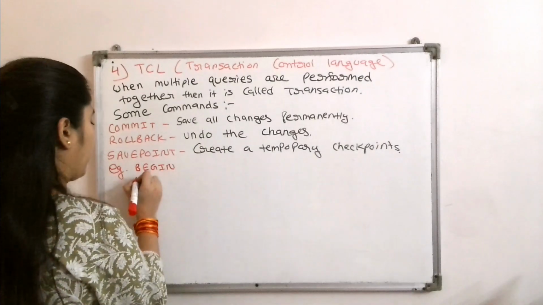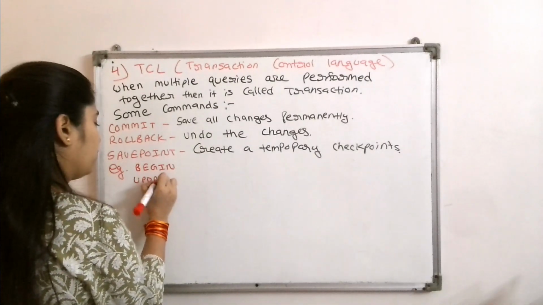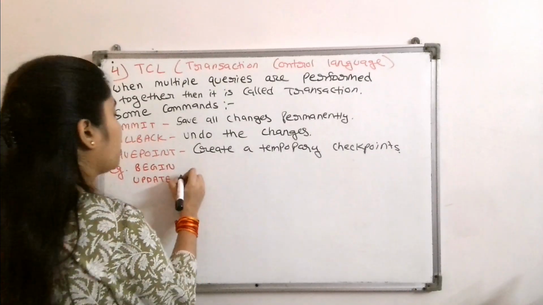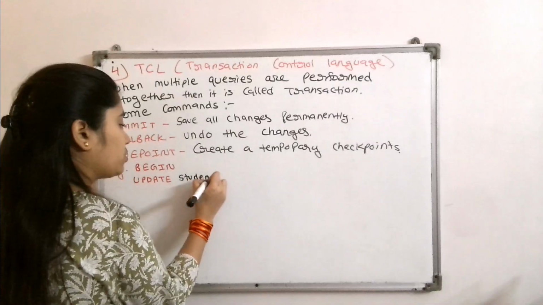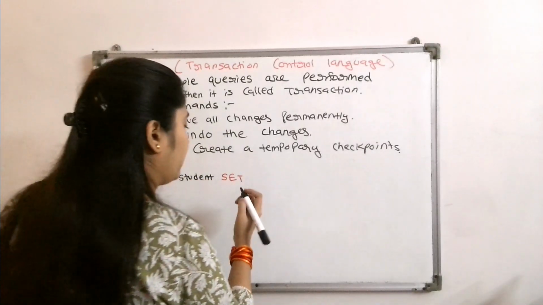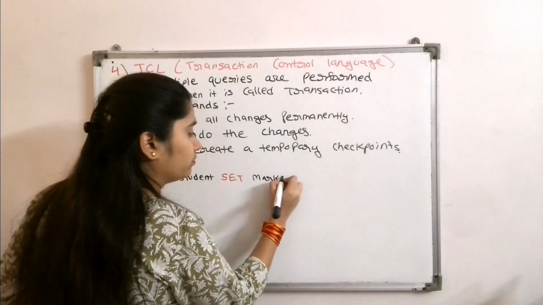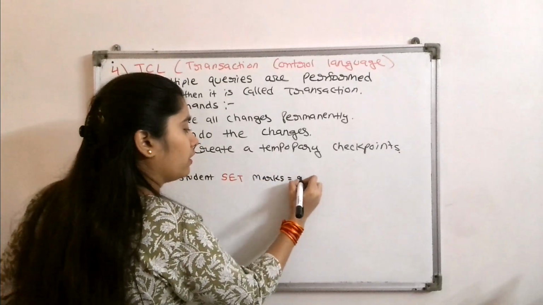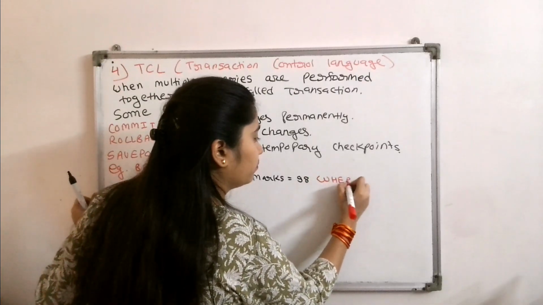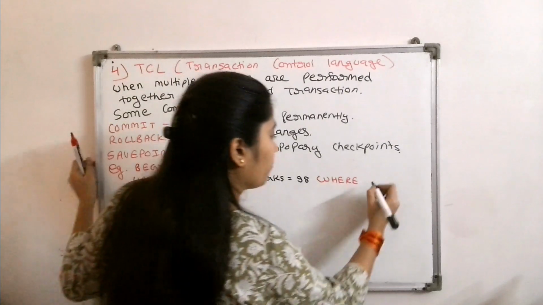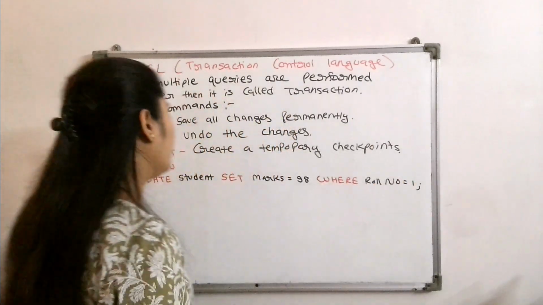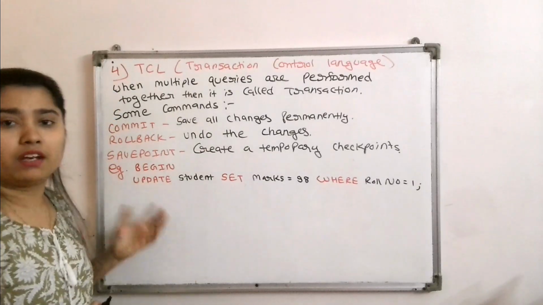Now after that, we write the update query: update, then the table name, that is student, then set, then the column name, that is marks, equals suppose 98, then where roll number is equal to 1. Okay, so this is the update query we have seen.